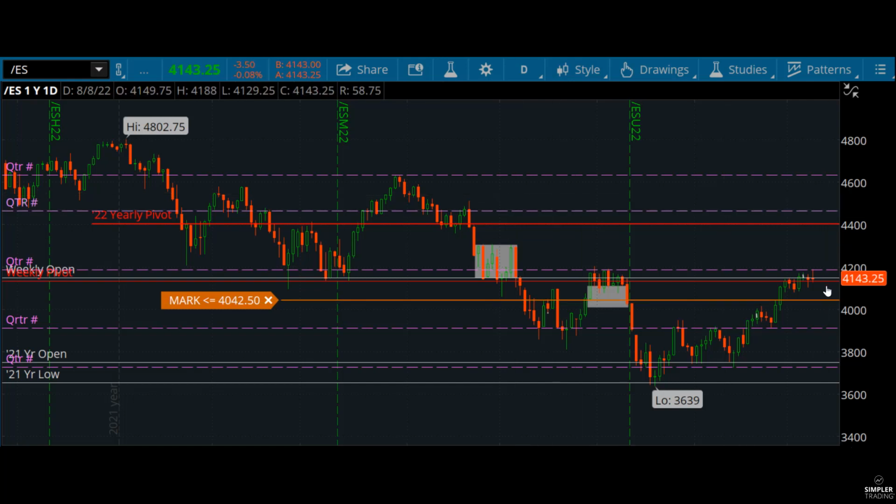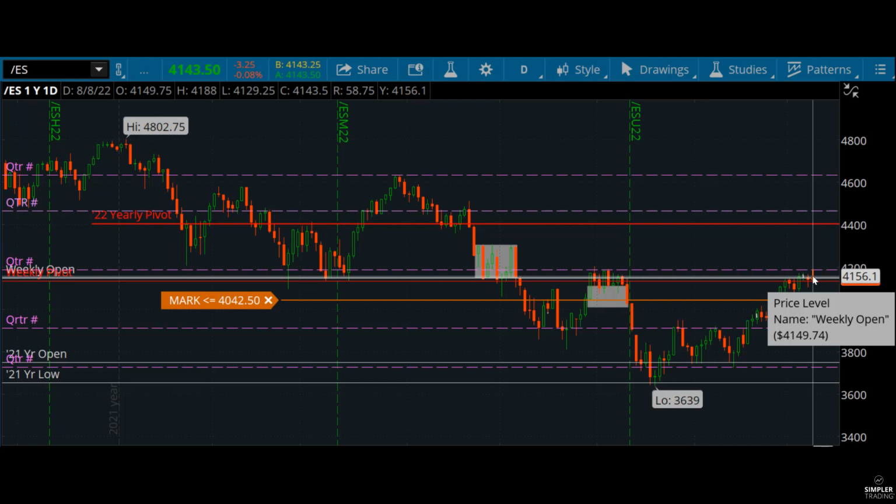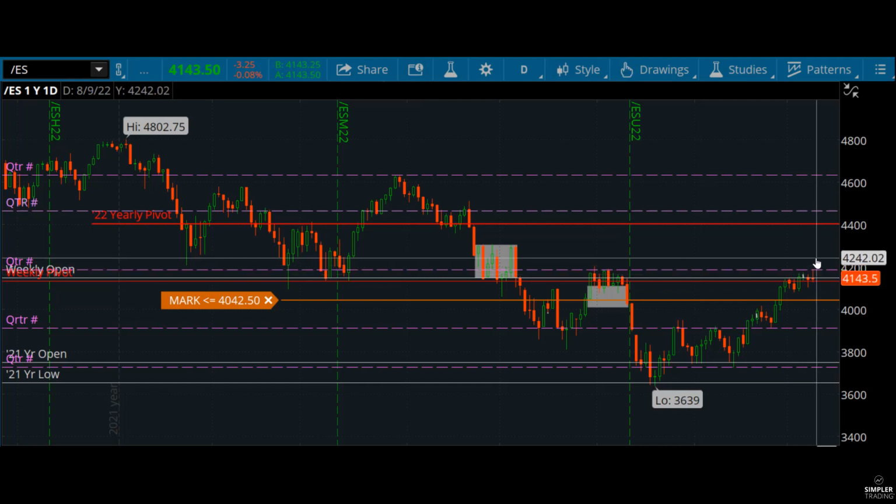So that's where the big move this week, I think, is, Wednesday, Thursday, and it'll be big up or big down. It could go either way, but what I prefer is the 42.40 targets up here.